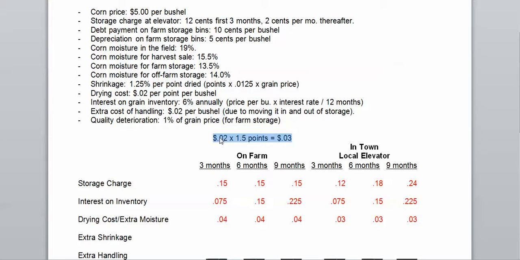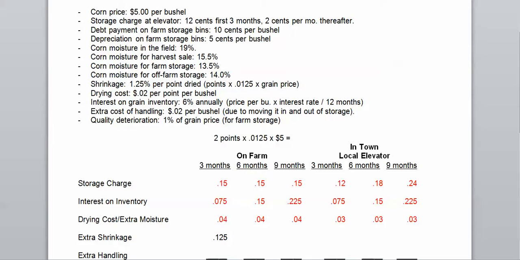So for on-farm storage, 2 points times 1.25% per point times $5 equals 2.5% of $5, which is 12.5 cents.